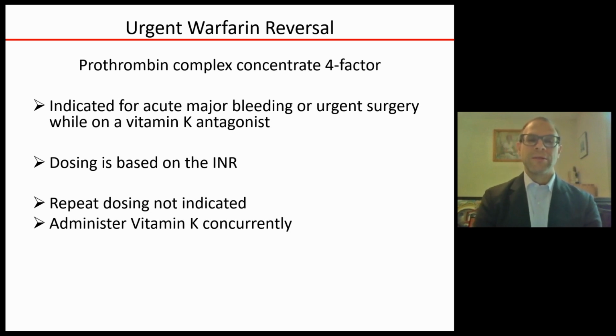In the US, the brand name is called Kcentra, and the dose is depending on the INR. So the higher the INR, or the more we have to reverse, the higher the dose of this 4-factor PCC we'll use. Vitamin K should be given at the same time because we are still looking for a mechanism to block the warfarin effect.